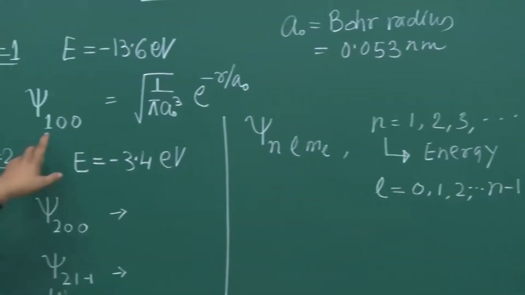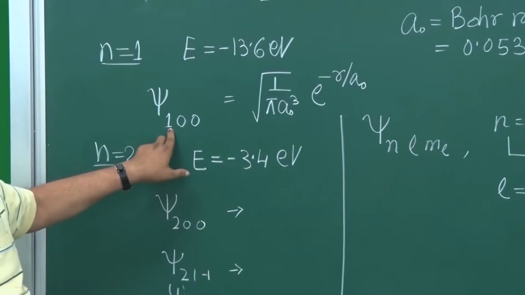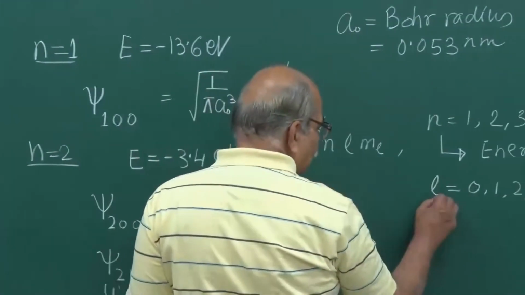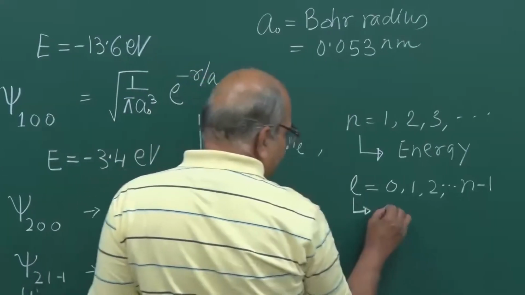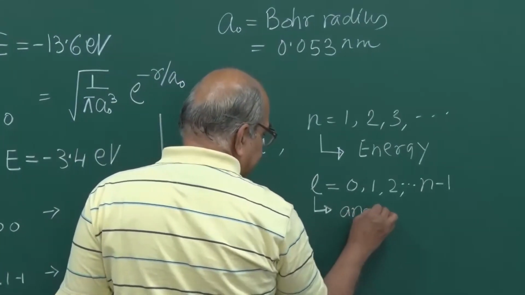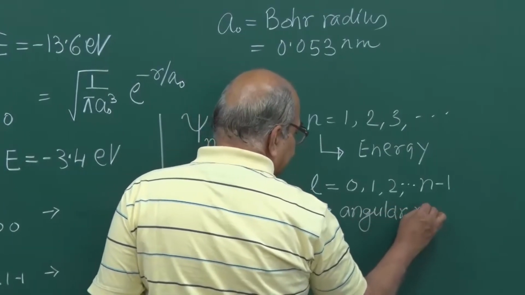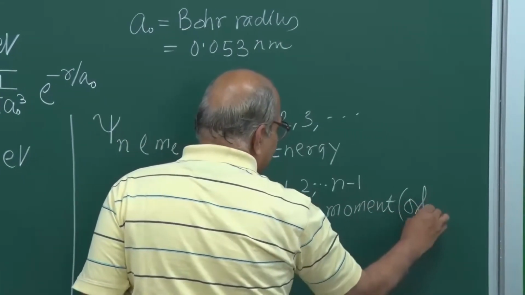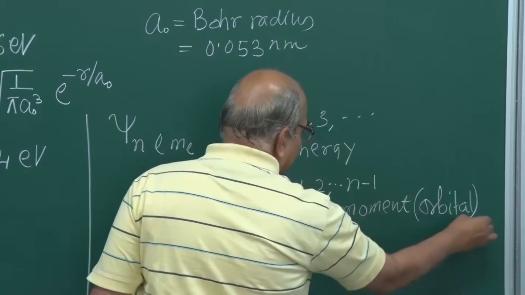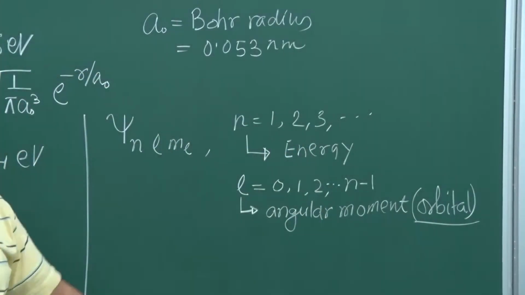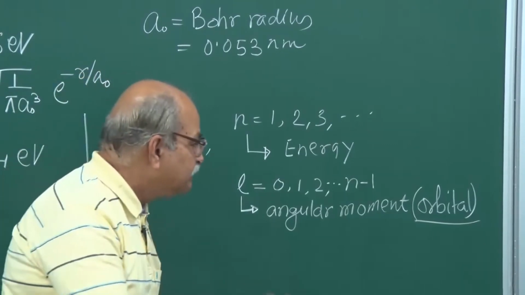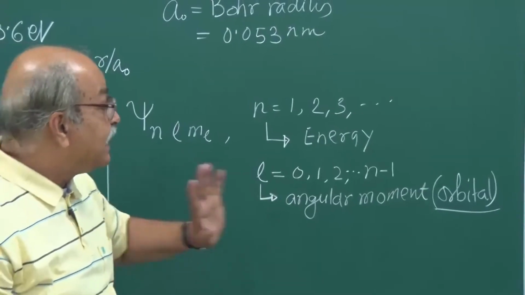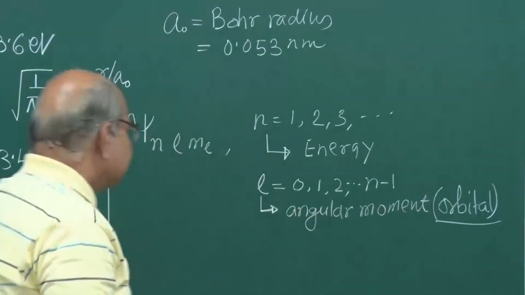This L is related to angular momentum, and in fact, we call it orbital angular momentum. Don't go by the meaning of orbital, as if there's some orbit. Just take it as a name. Orbital angular momentum.